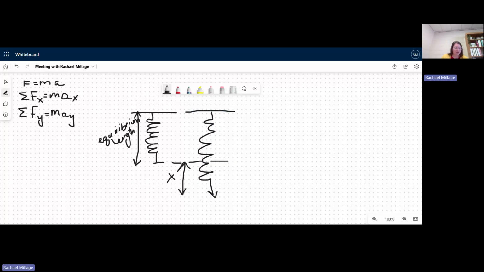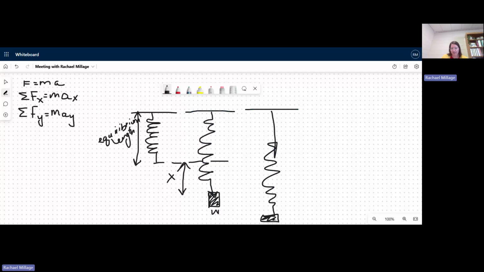changes. So when springs have a force exerted on them, let's say by a weight, then it stretches a length of x. When we double the weight, so if we have 2w, we actually end up doubling our x.